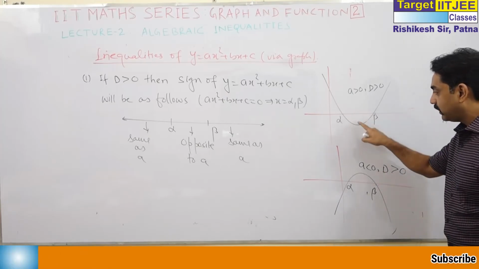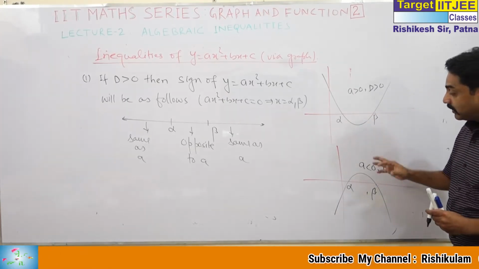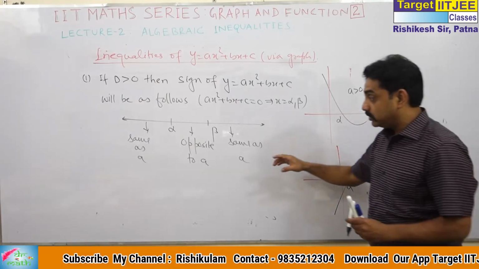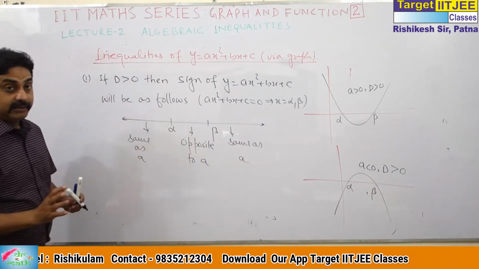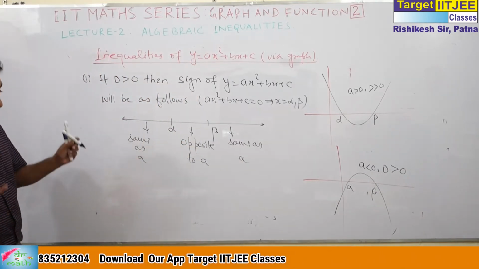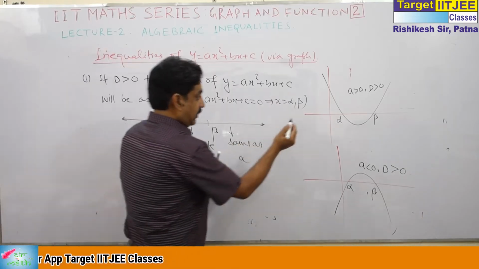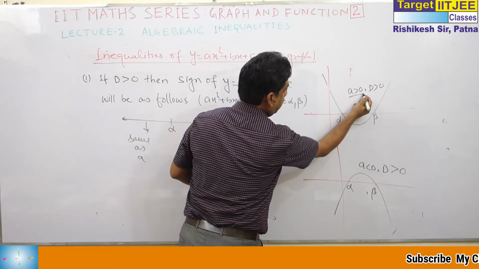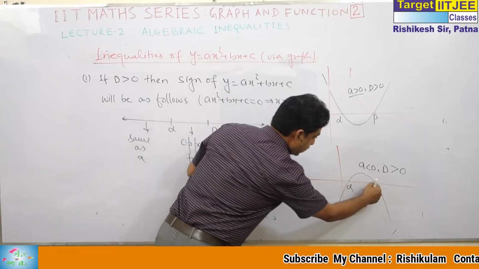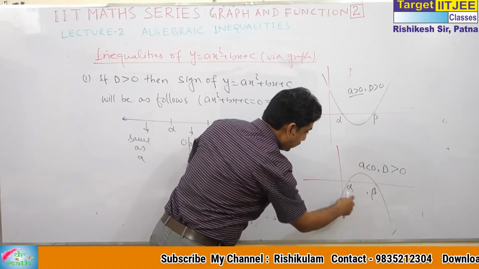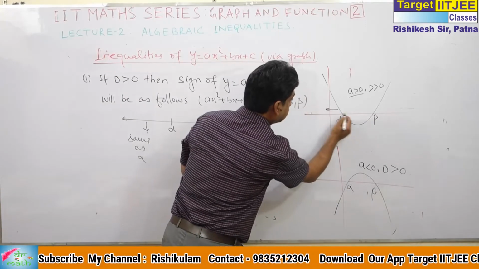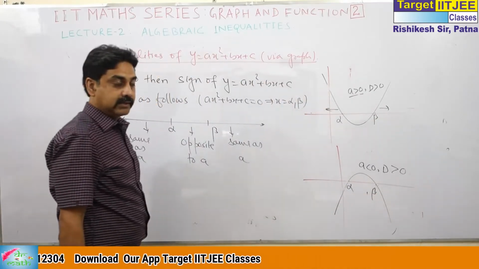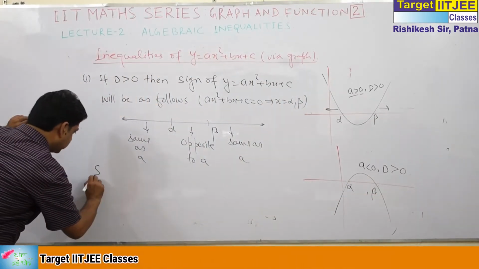So the sign of this portion is opposite to A. When less than alpha or greater than beta, this portion lies above x-axis, positive, A is positive. When less than alpha or greater than beta, this portion lies below x-axis, negative. So for this portion, positive, same as a. This is negative, same as a. This is the graph.